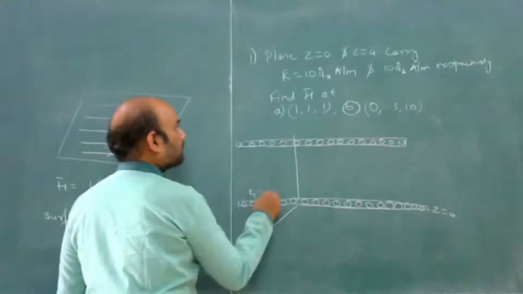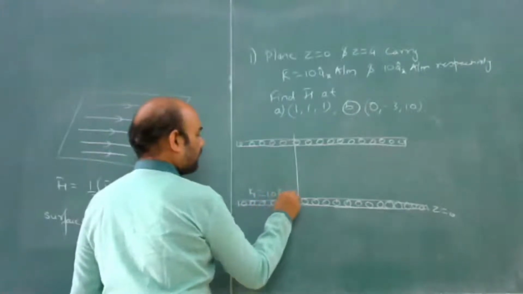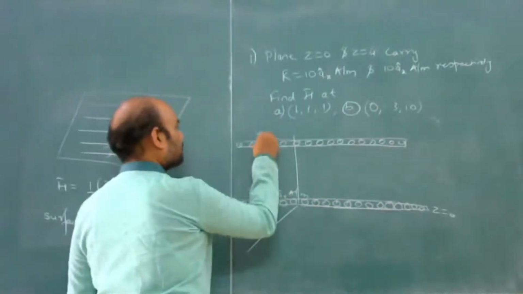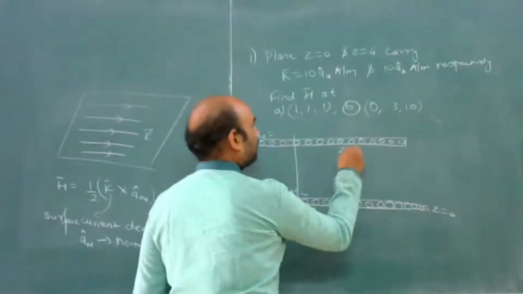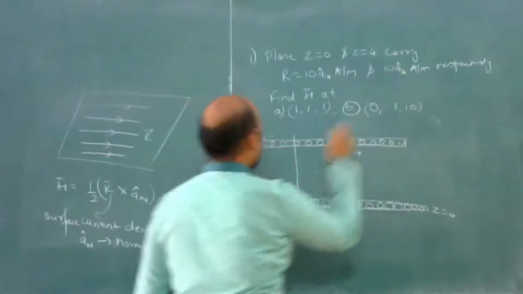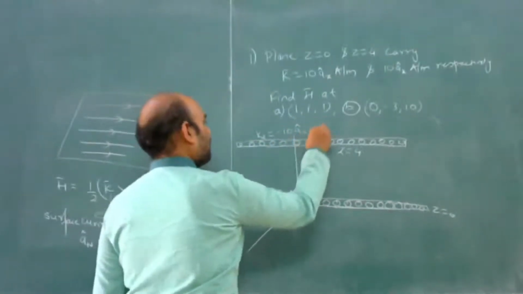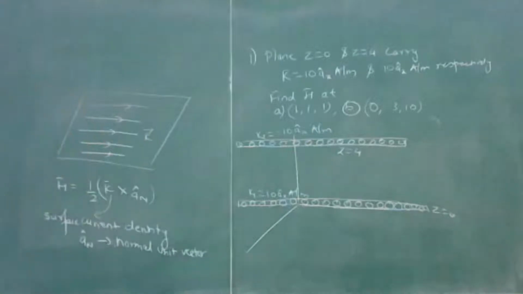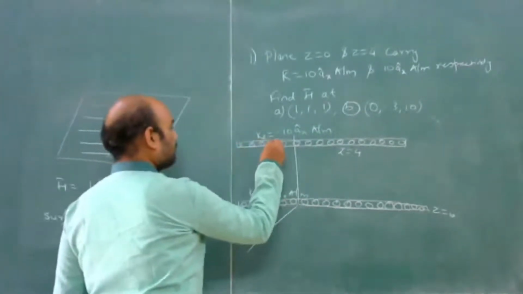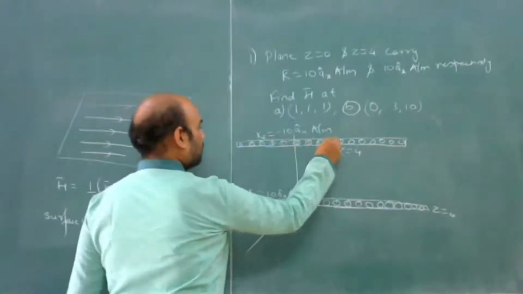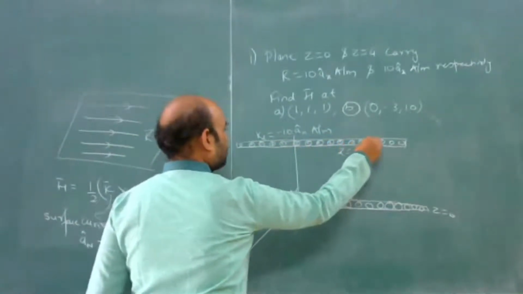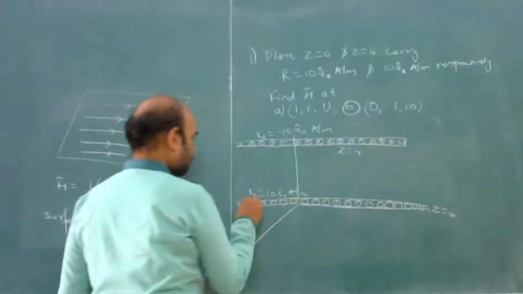K1 is equal to 10 a_x ampere per meter, and K2 at z is equal to 4 carries minus 10 a_x ampere per meter. The dot will represent current coming out, and the cross represents current going in.